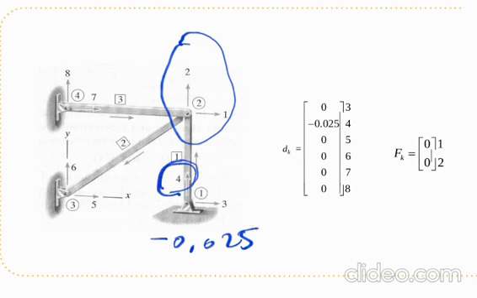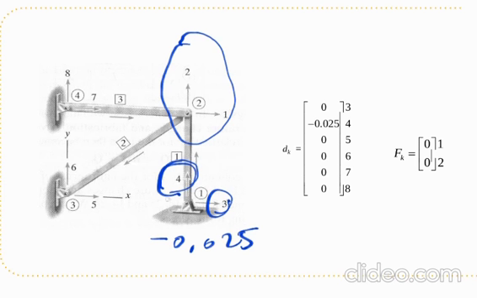Because settlement is always in the vertical direction. So displacement at global number 3 is 0.